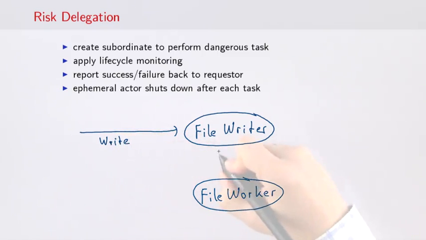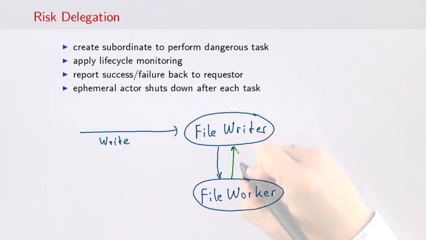The file writer will create a worker and supervise it and monitor it. And then, well, successful results could come back, or it might fail, or terminate before sending a successful result. No matter what, the file writer itself did not perform the risky part, so it is a lot less likely to fail.